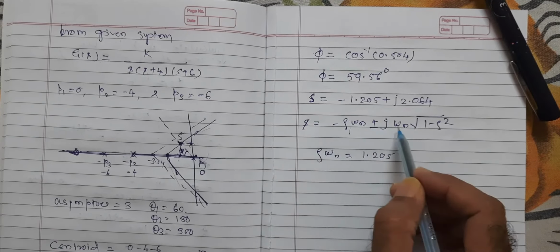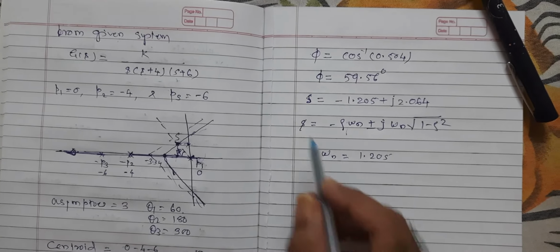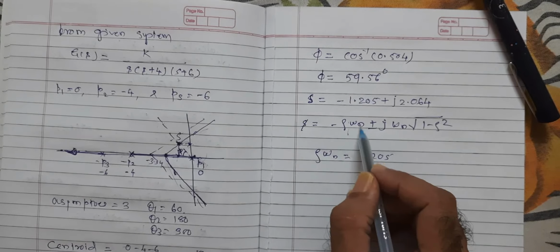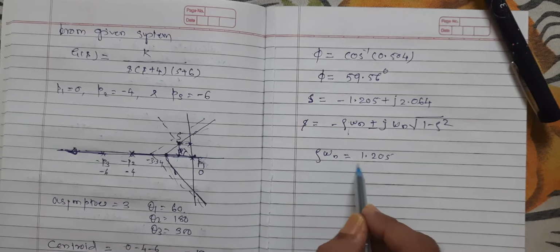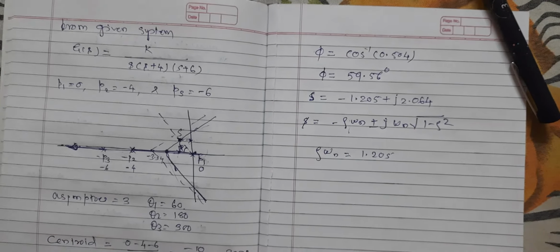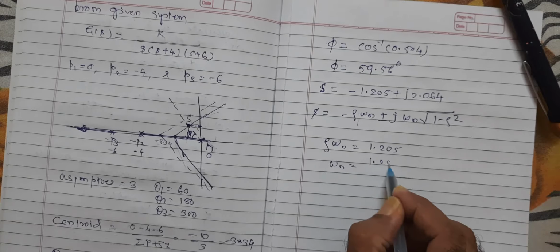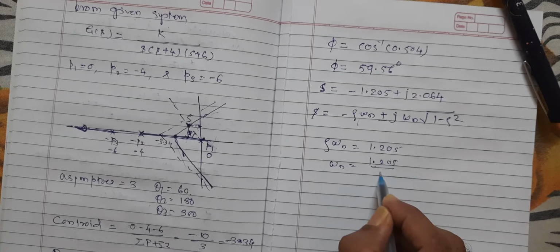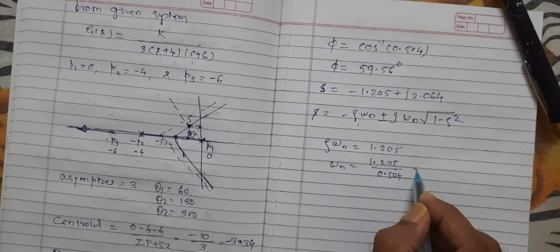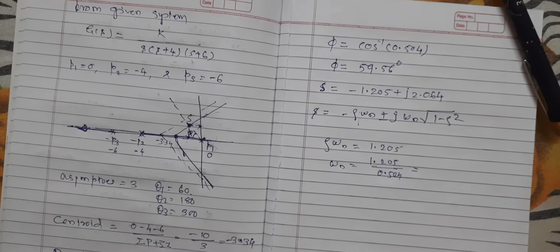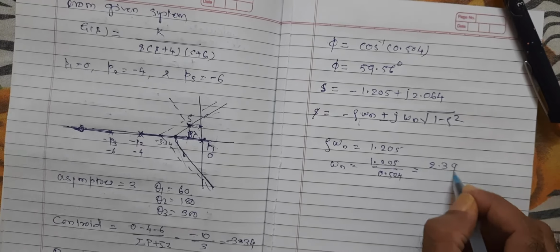These equations we derived last year in feedback control systems. So omega n equals 1.205 divided by 0.504, which comes to omega n equals 2.390.